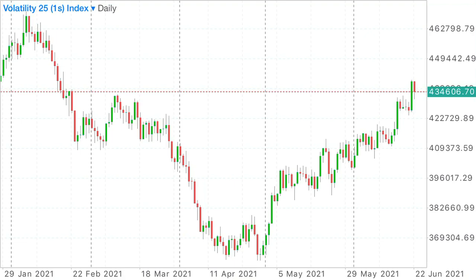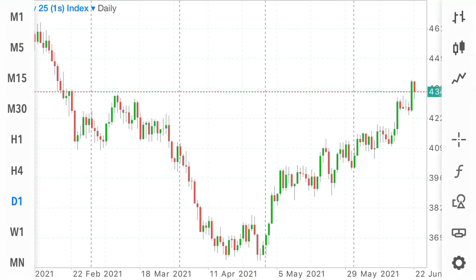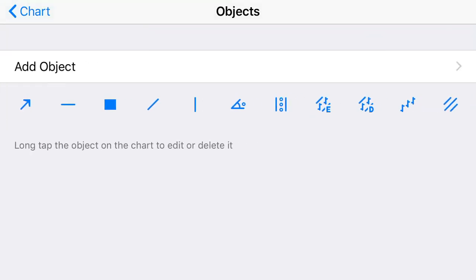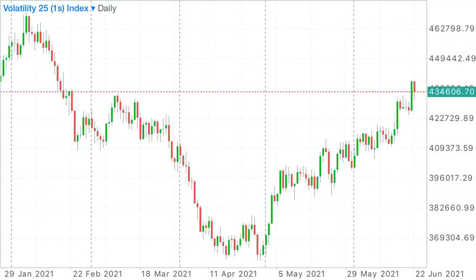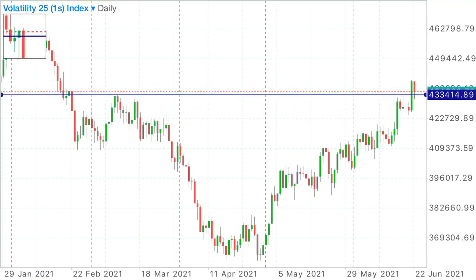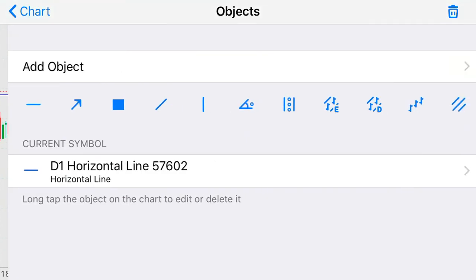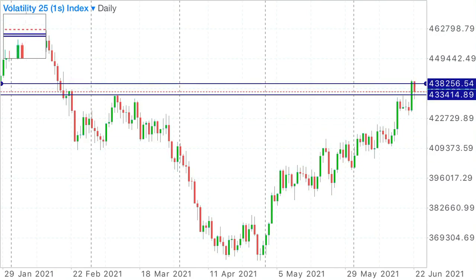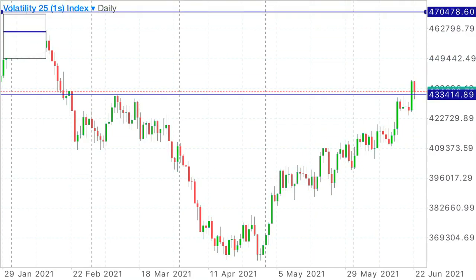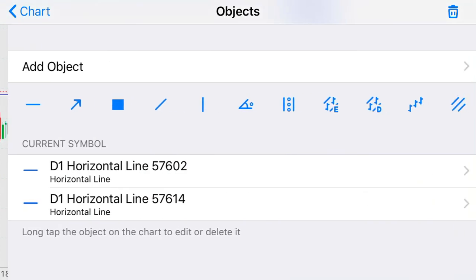Another important thing when you analyze: simplicity is the key. Always, guys, you should keep your analysis as simple as possible, right? So coming to the chart, you identify all the previous support and resistance, all the obvious support and resistance in your chart.